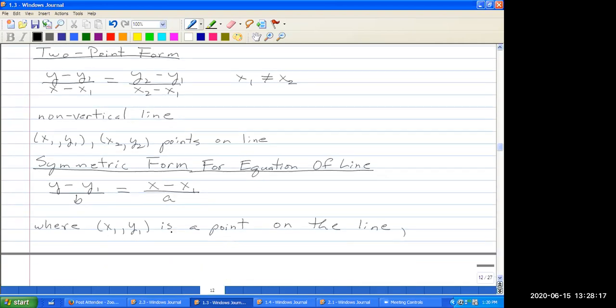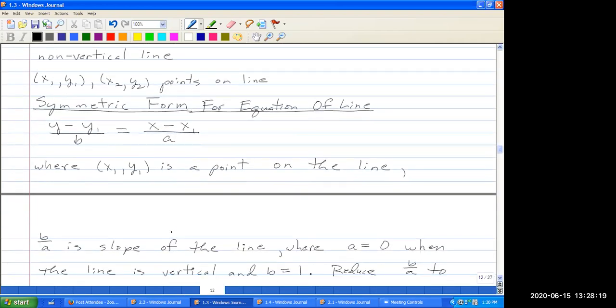So the symmetric form for the equation of a line is (y minus y1) over b equaling (x minus x1) over a, where (x1, y1) is a point on the line, and where b over a is the slope of the line.